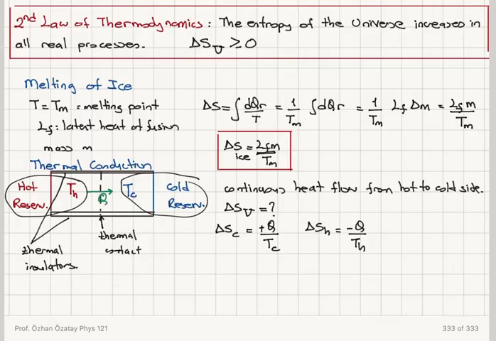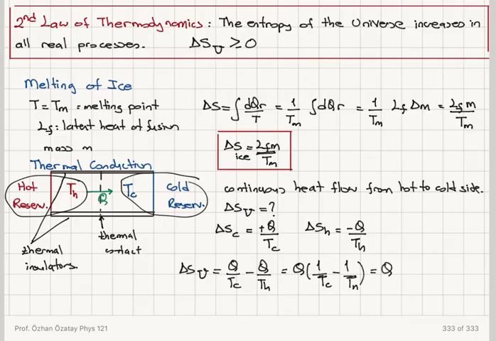So delta S of the universe will be equal to Q over Tc minus Q over Th, and here I have thermal insulators, so I don't have any heat exchange with the environment at the other boundaries, and therefore this is just the contribution from the hot and cold reservoirs, which is Q times 1 over Tc minus 1 over Th.